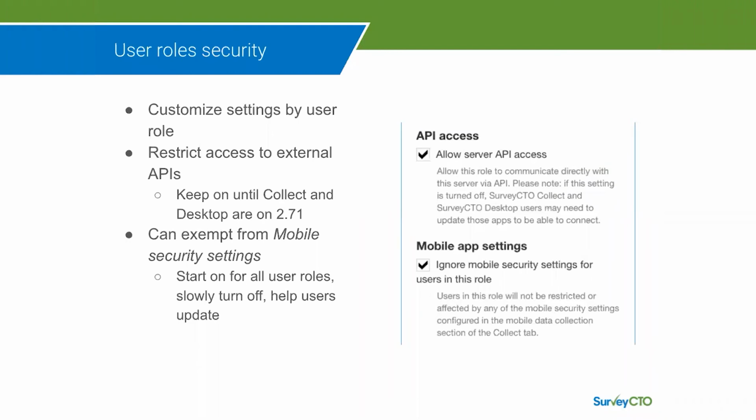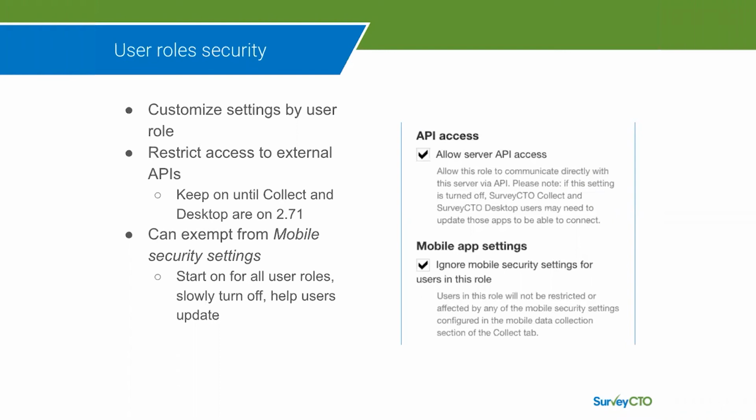We have also added a setting to ignore mobile security settings for users in this user role. Earlier, we discussed a series of security settings you require on collection devices, such as requiring lock screens and encryption. If this setting is turned on, then users with that user role will not have to follow those security settings.